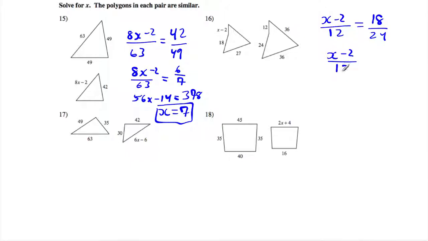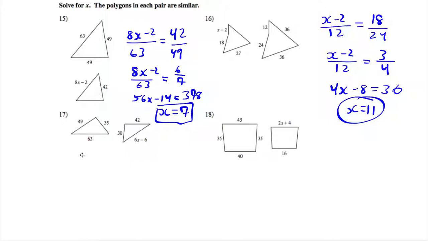So x minus 2 over 12 is equal to 3 to 4. We factor out a 6 from both of these. So we get 4x minus 8 is equal to 36. And yet again, running out of room, 36 plus 8 would be 44. Dividing both sides by 4, we get that x is equal to 11.